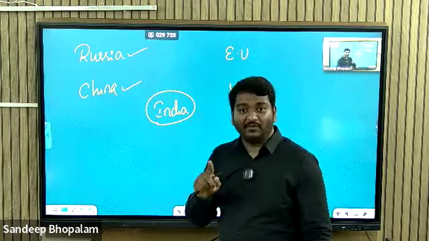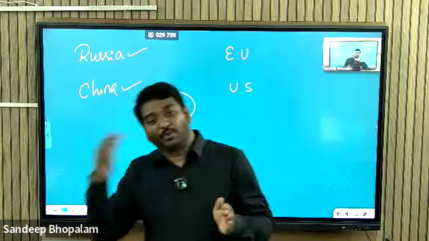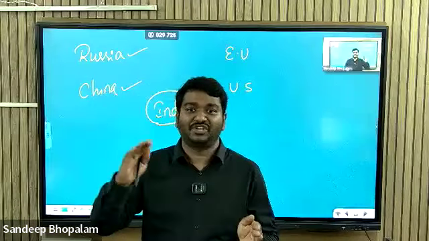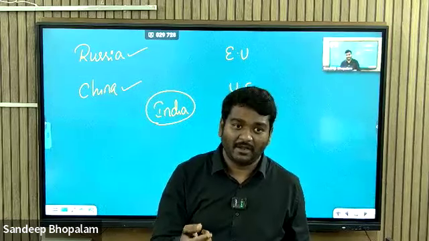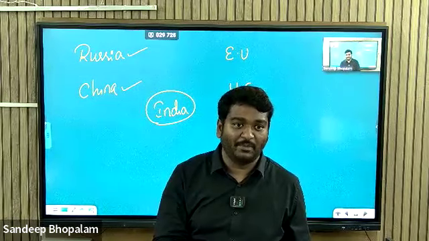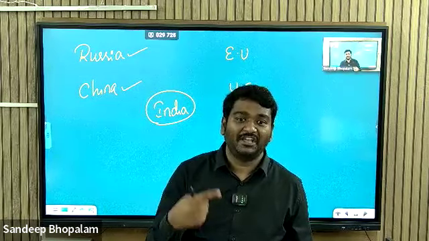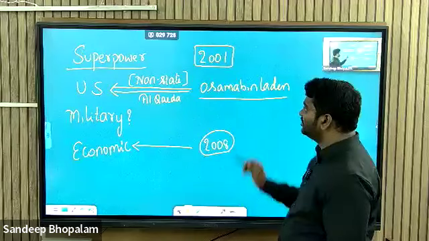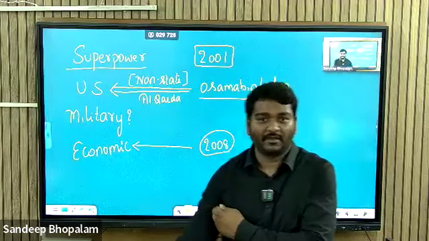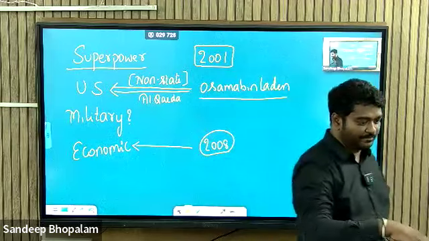So 2001, what did it do? It brought non-state actors into the picture. At that time, NGOs became important. Terrorist organizations became important. Everyone started speaking about everything else. So these are the major things with respect to the world. Fine. So you write down.